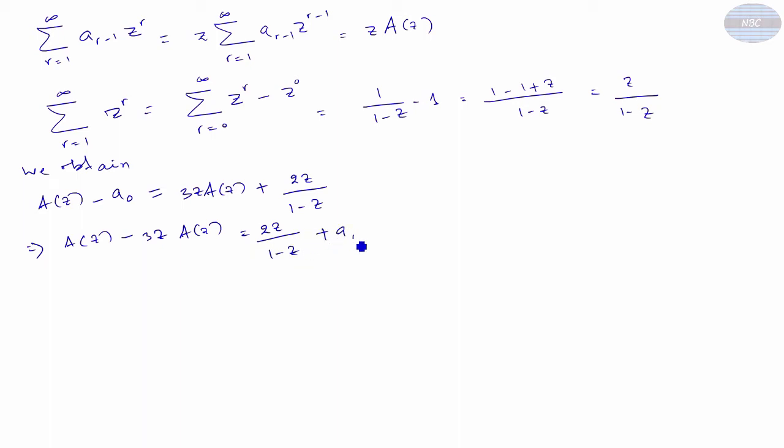A(z) is taken as common, so we have A(z) times 1 minus 3z equal to 2z divided by 1 minus z plus a0. a0 is the boundary condition which is given as 1.